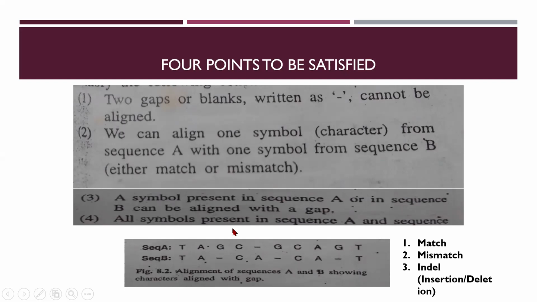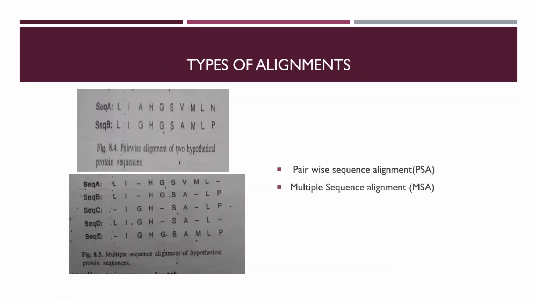So when we align two sequences following these four criteria, we will get the alignment with these possibilities. It could be either match or mismatch or indel, which is nothing but insertion or deletion. I hope I have explained this slide. We can move further.